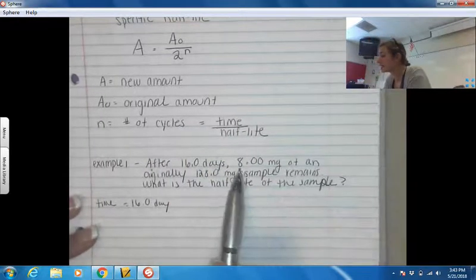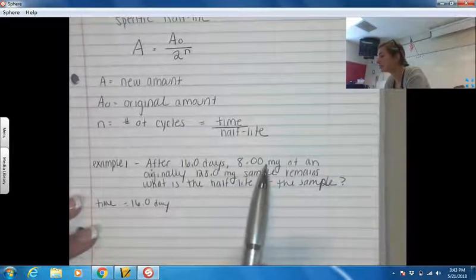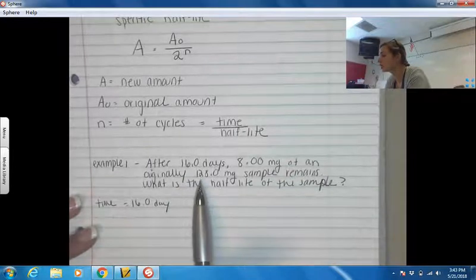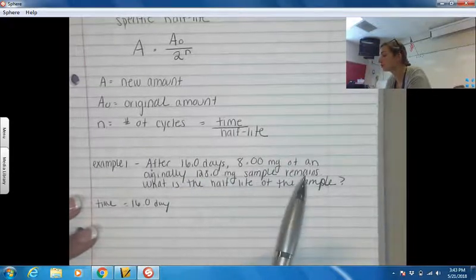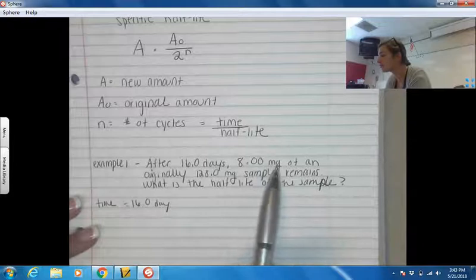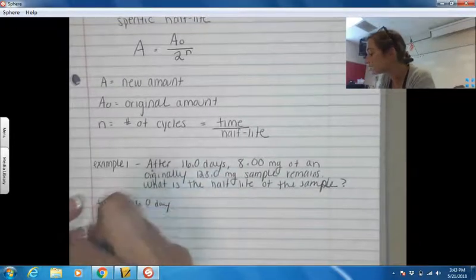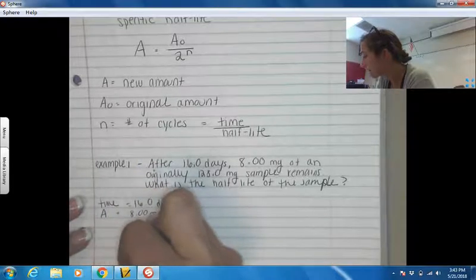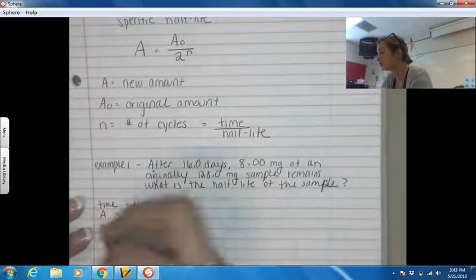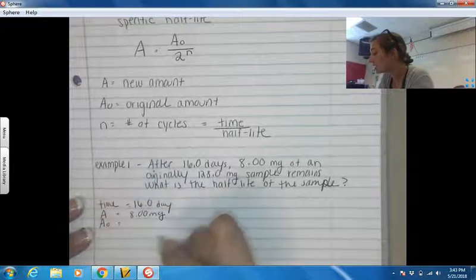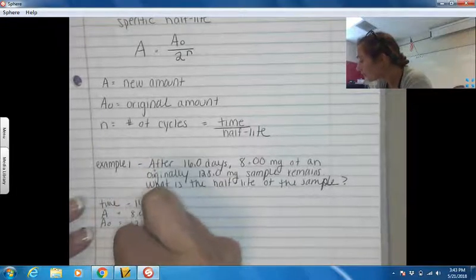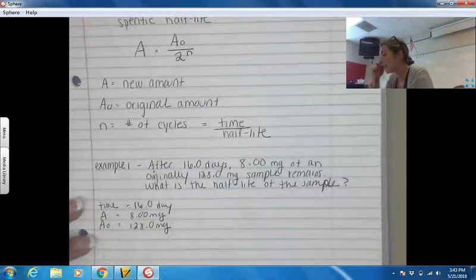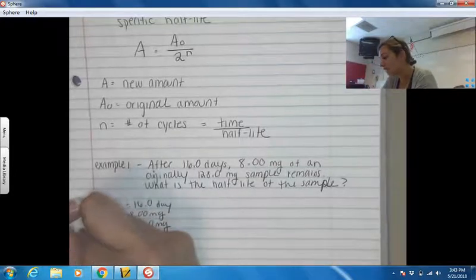And it says 8.00 milligrams of an originally 128 milligram sample remains. So it's telling us that 8 milligrams remains, so that is our new amount, that is A. And it told us that our original sample, so that's A naught, is 128.0 milligrams. And it's asking for the half-life.